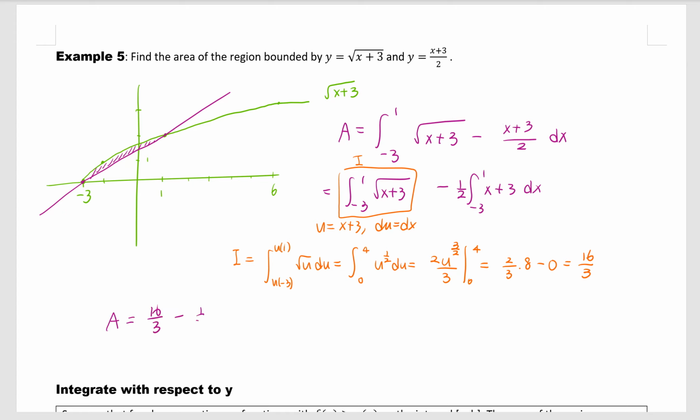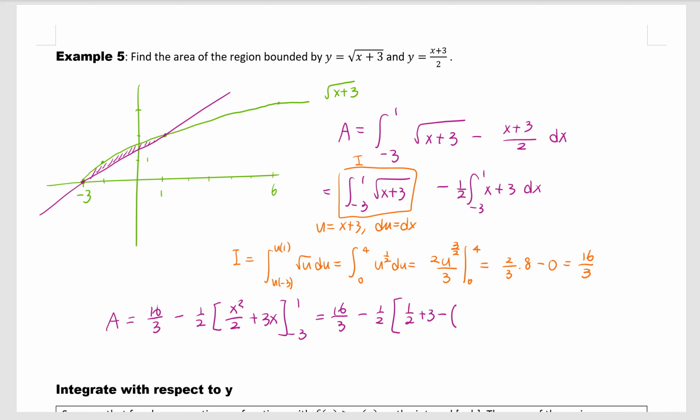And then the second integral, we have x squared over 2 plus 3x, evaluated from minus 3 to 1. Oops, my minus looks like a dot, so let me write it better. This means we plug in 1 first, subtract what we get when we plug in minus 3, but don't forget the parentheses.